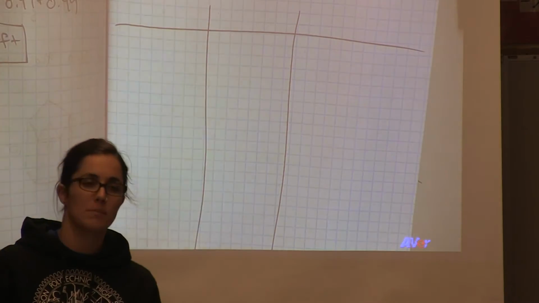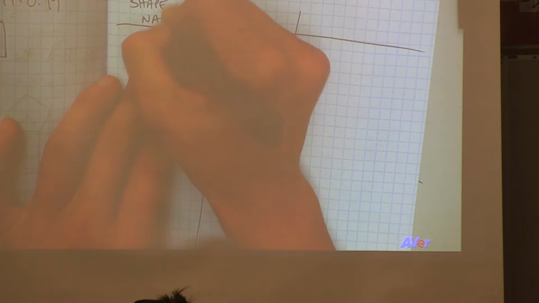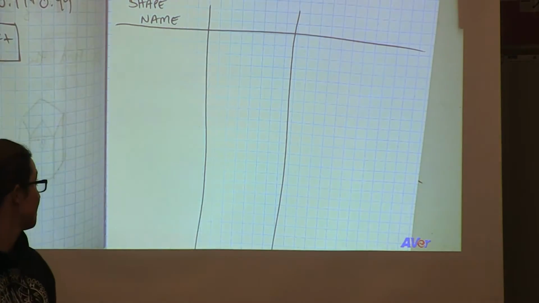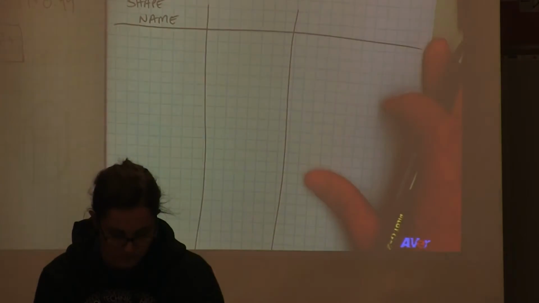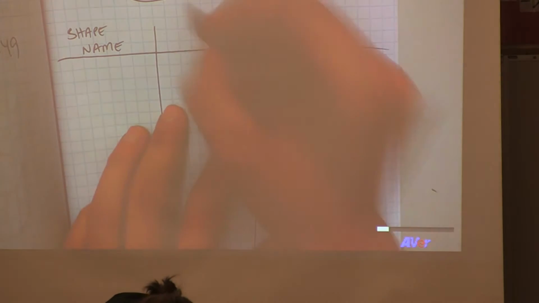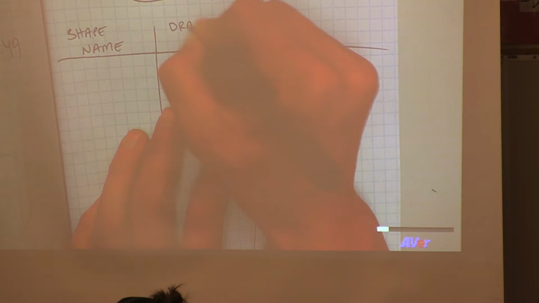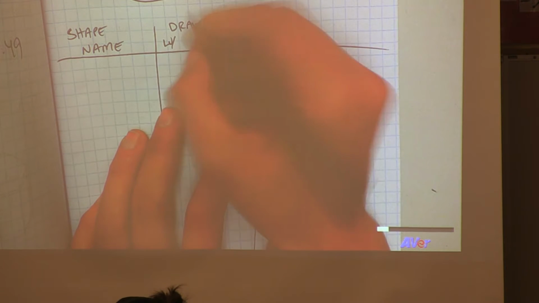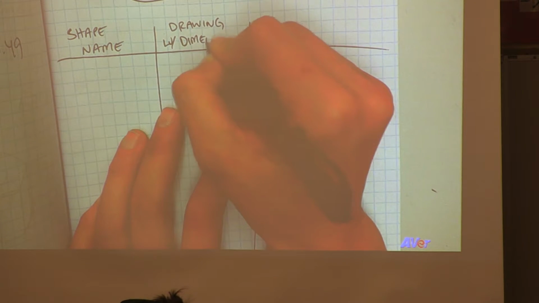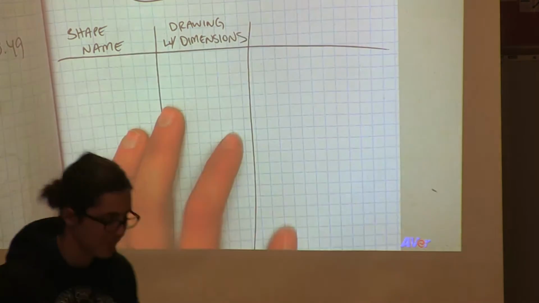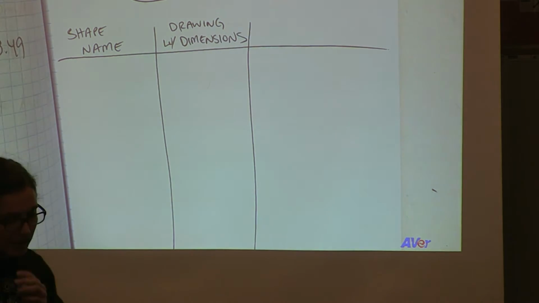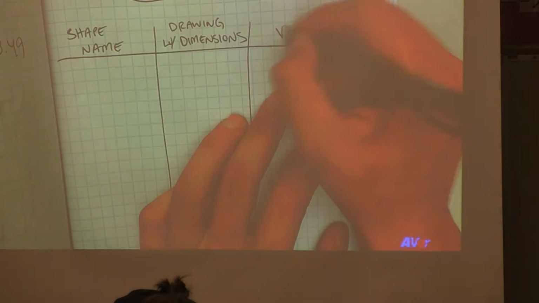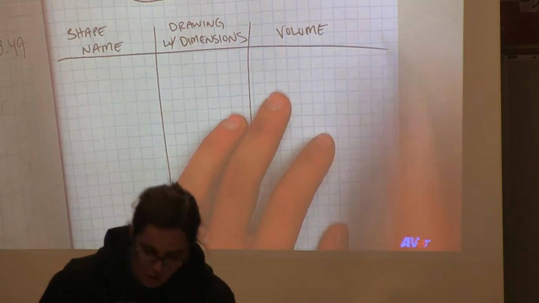In the first column, shape name. In the second column, please write drawing with dimensions. And in the third column, write volume.